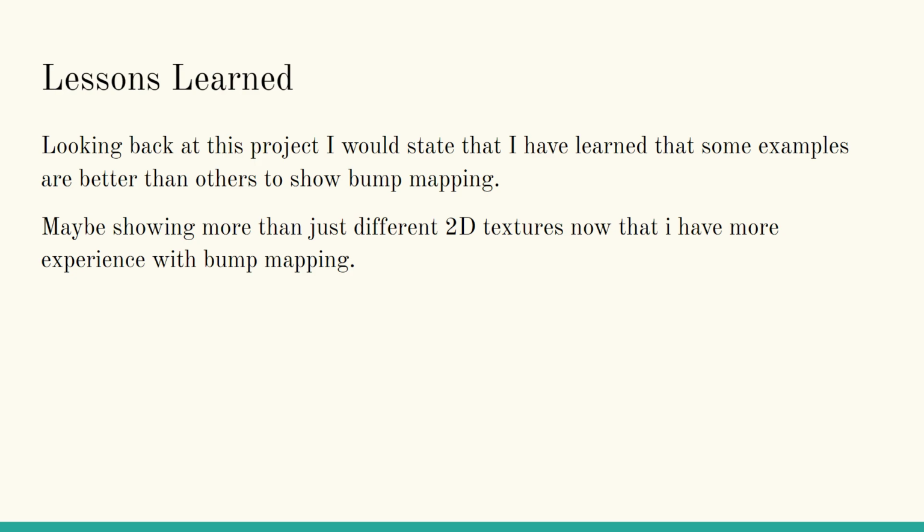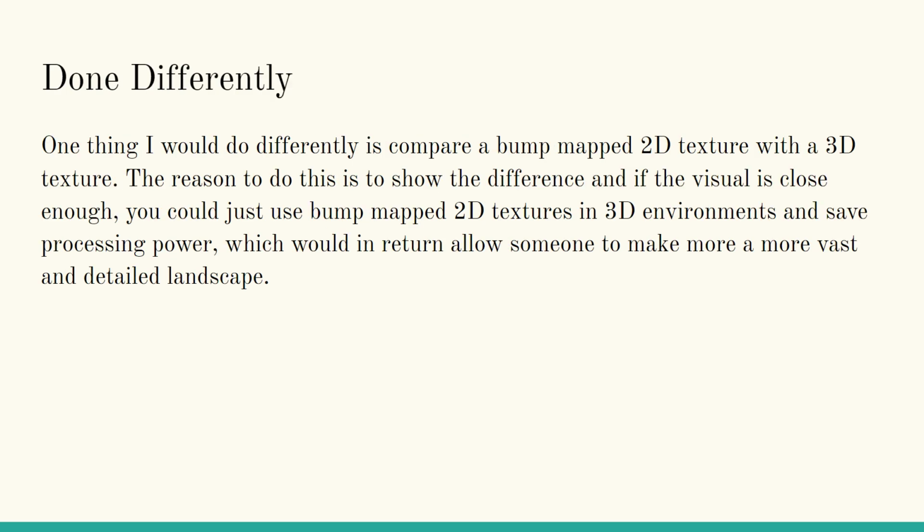I guess it all comes down to what you're able to do with the examples, and then maybe showing more than just 2D textures. Now that I have more experience, I would probably like to implement this into a 3D landscape.